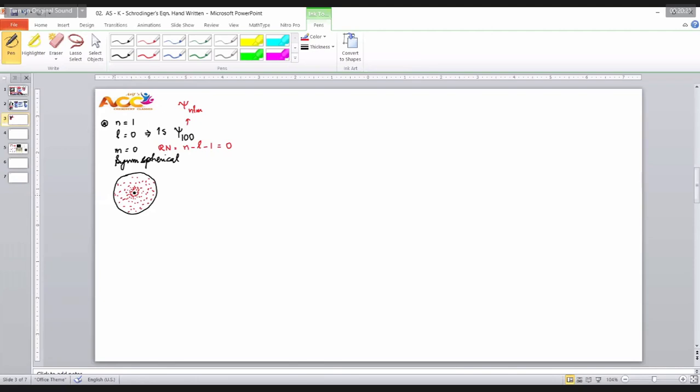Yes, sir. As we increase the distance from the nucleus, the number of dots per unit volume decreases. That is probability. Probability is the number of dots, the number of electrons available per unit volume. That is known as the probability of finding the electron.